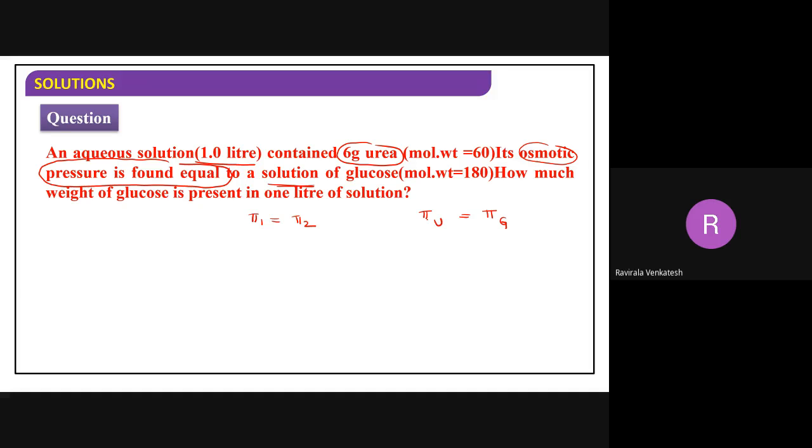Now, what is pi? Pi is equal to what, beta? CRT. So I am writing concentration of urea into RT is equal to concentration of glucose into RT. Will these two values be same or different, beta?